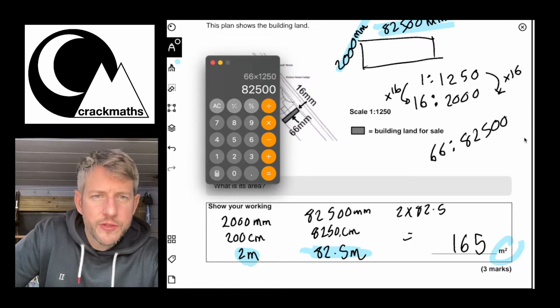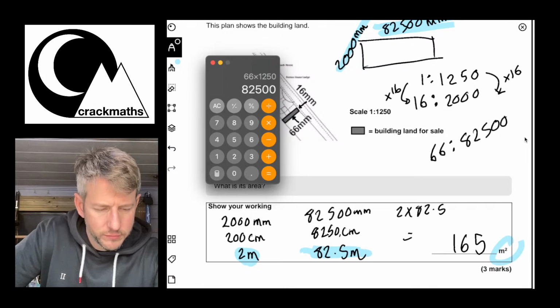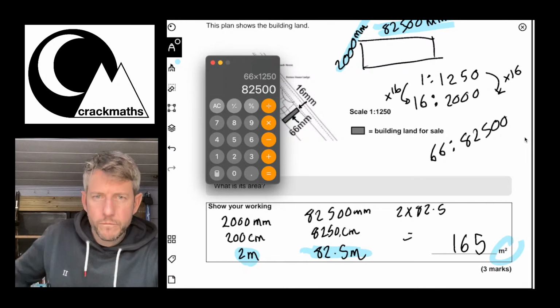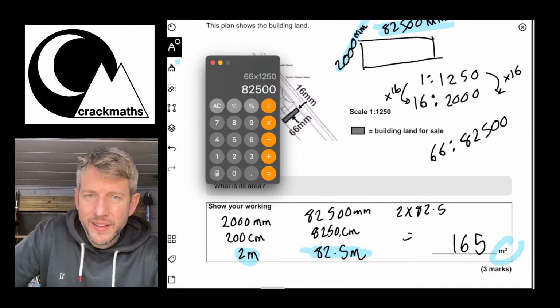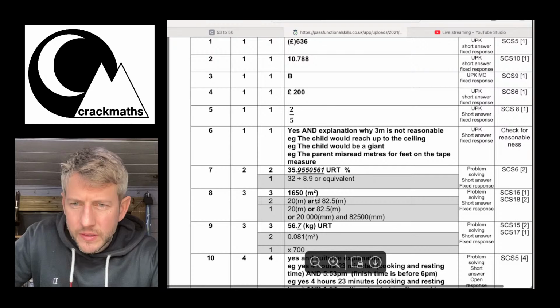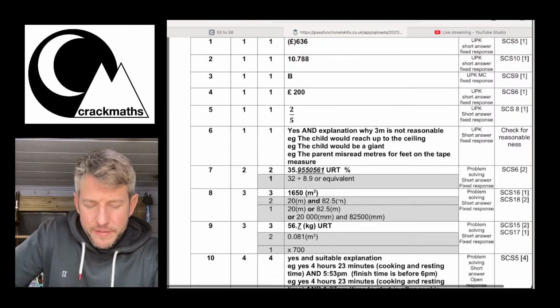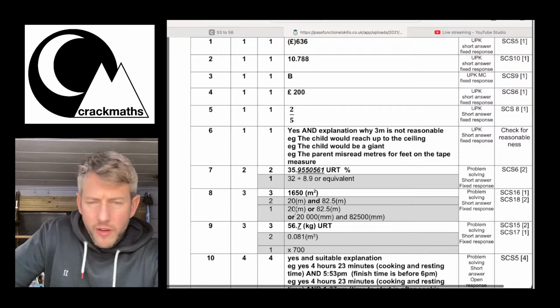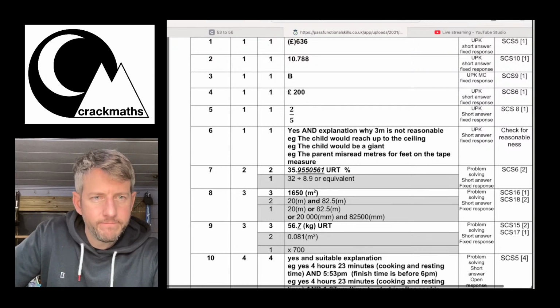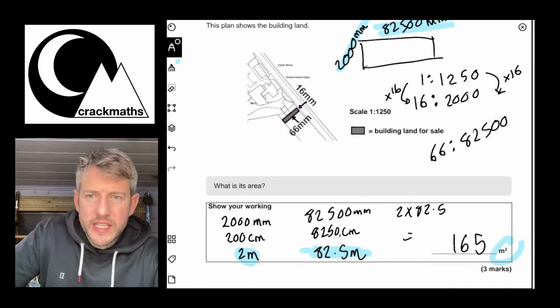This is true, this is true, this is true. Let's double check this mark scheme again. Sorry. I've 20 and 85. Right. So it's the 20 meters that I've gone wrong with. Let's just double check this.